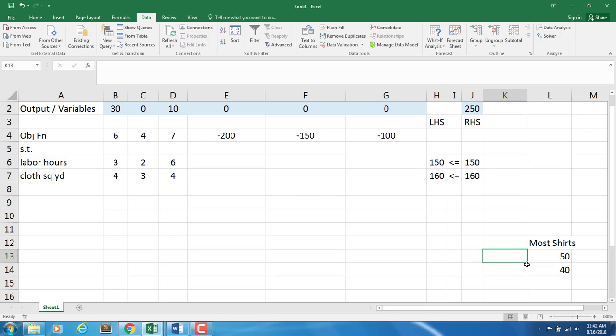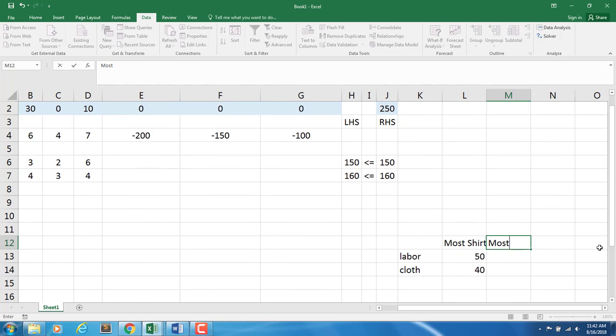So labor, cloth. We could do the same thing. All we're trying to do is find a coefficient for that number, right? So most shirts, most shorts, most pants, right? Was I smart enough to do that? Probably not. So let me do 4.